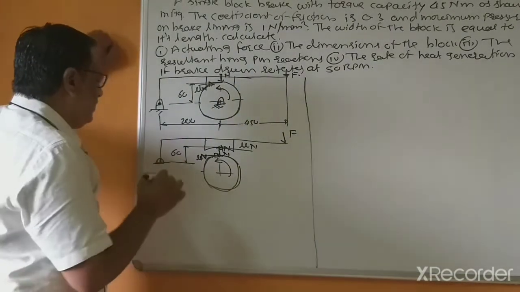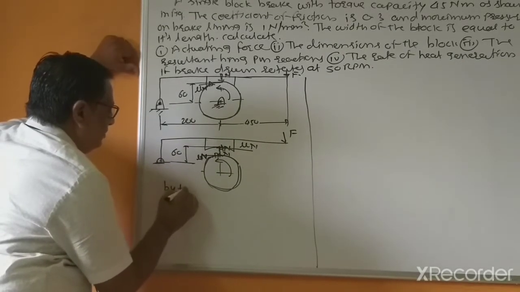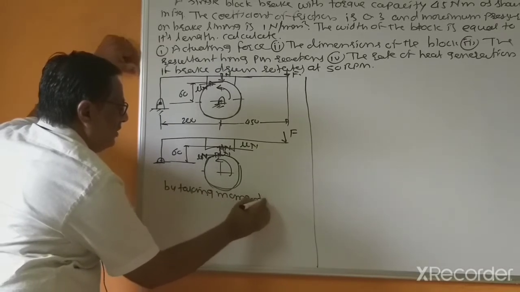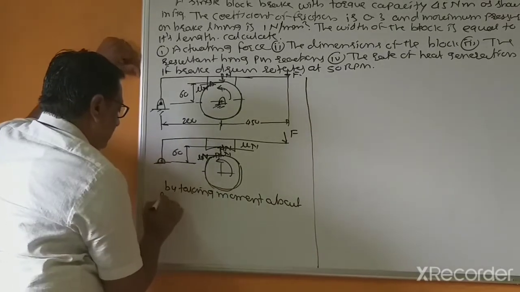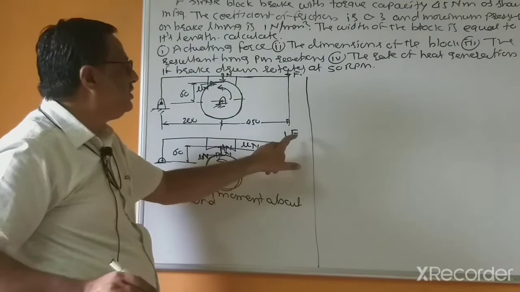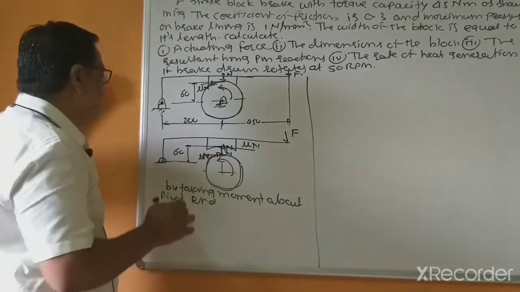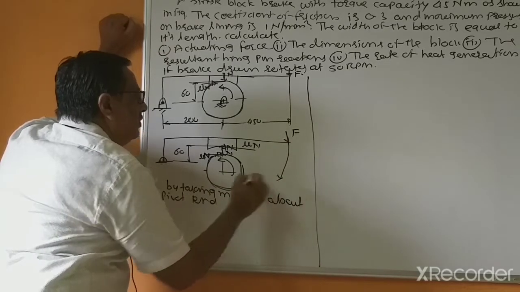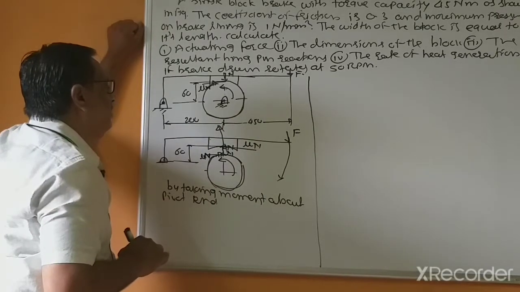Now, taking moments about the pivot end, first we will find out how much is the actuating force that is to be applied. This is clockwise, this force anti-clockwise.